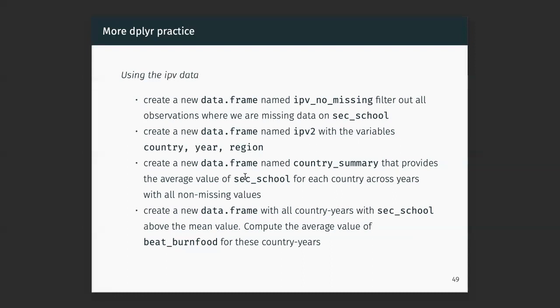Now, check it. How do you check the number of rows? Type in the console, click the console, and nrow on the first object, IPv, parentheses.